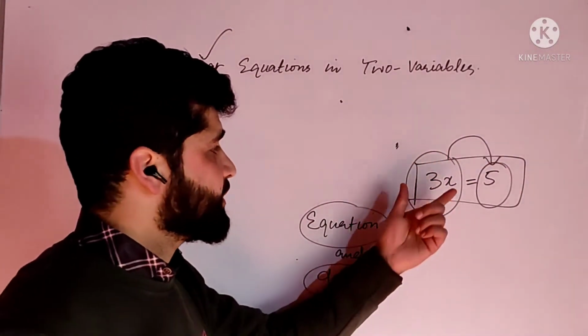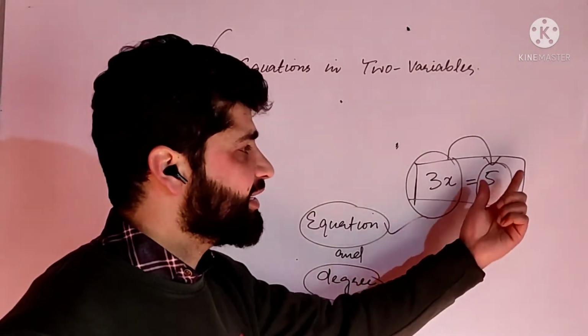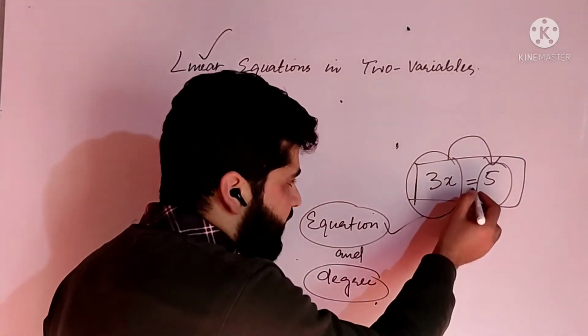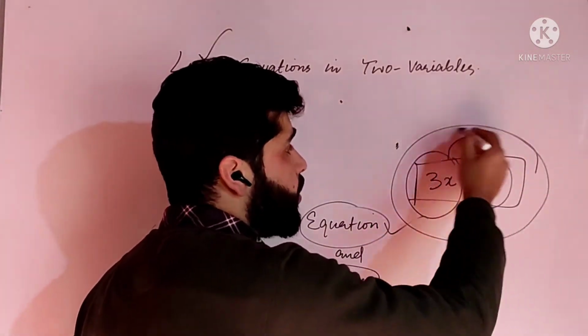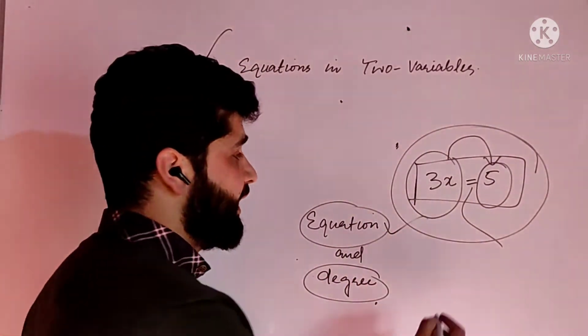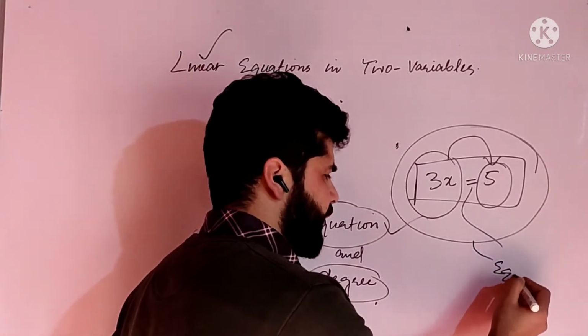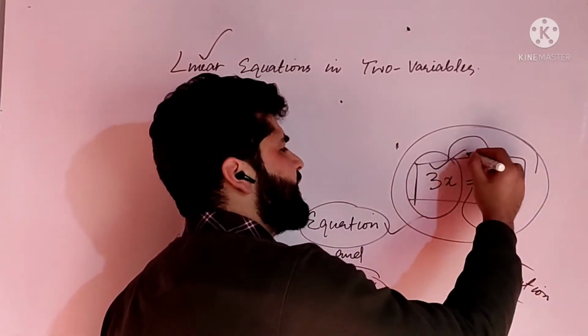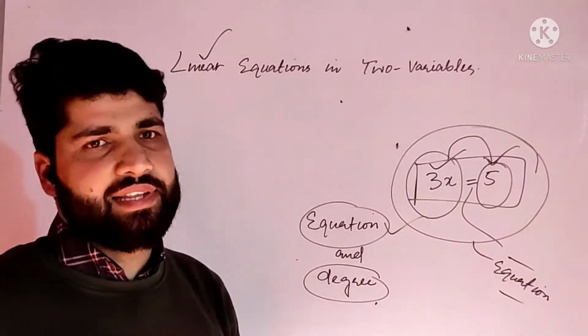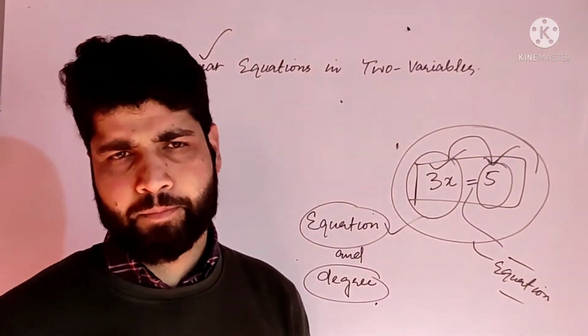That means this quantity is equated to another quantity by means of this equality sign. So this whole statement is known as an equation, a simple equation. And it contains some algebraic terms, so we call it an algebraic equation.